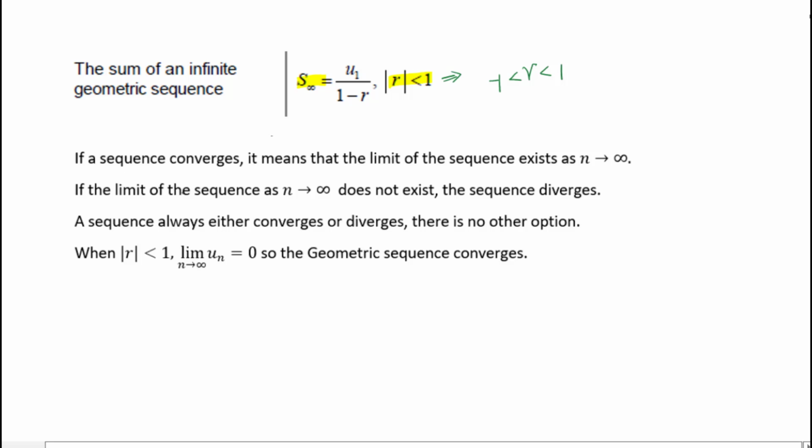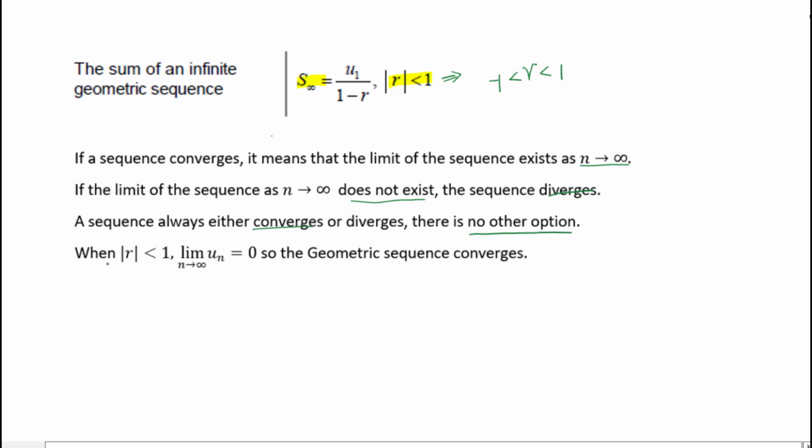If a sequence converges, it means that the limit of the sequence exists as n approaches infinity. If the limit of the sequence as n approaches infinity doesn't exist, the sequence diverges. A sequence always either converges or diverges. There is no other option.